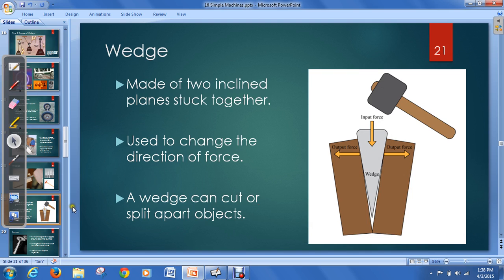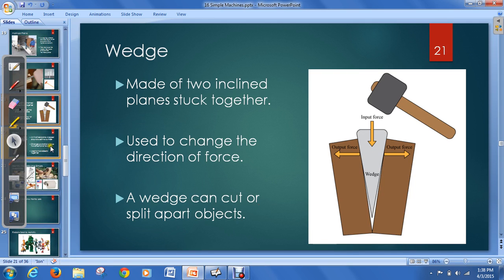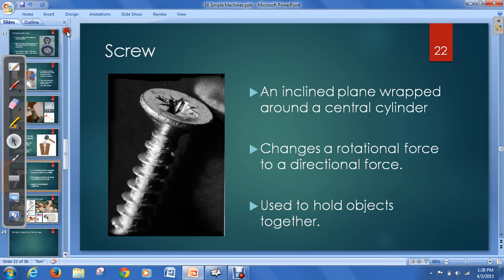Okay, and then the last one is a screw. A screw is usually made just for holding things in place, but there are other applications. And if you think about it, it's just an inclined plane wrapped around a cylinder. You can imagine this inclined plane just twirling around the screw.